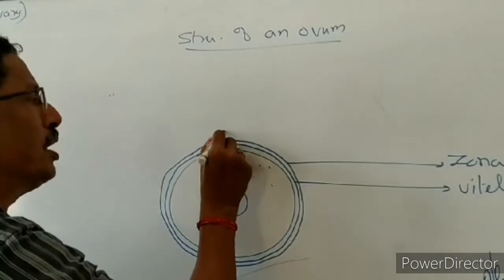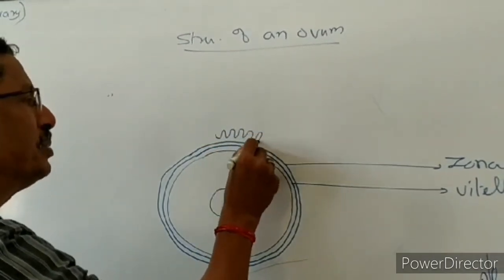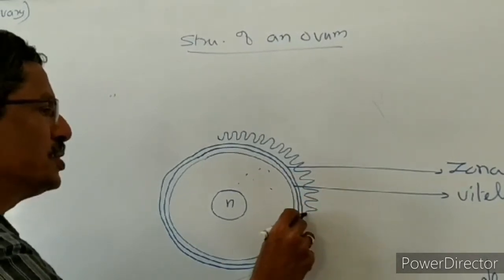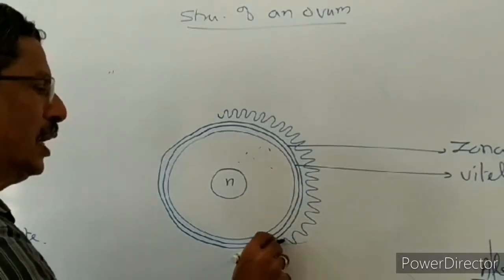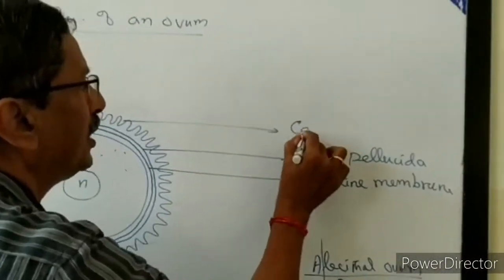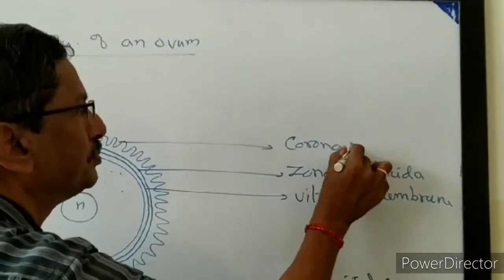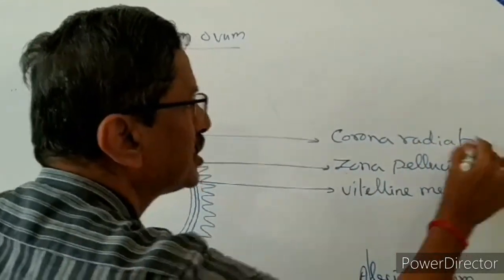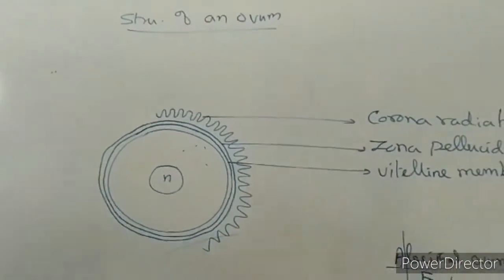Then above the zona pellucida, a layer is present which is kept folded like this. So throughout it is kept folded. Now this folded layer is called corona radiata. Sometimes they will say zona radiata. Okay, it is called a corona radiata.